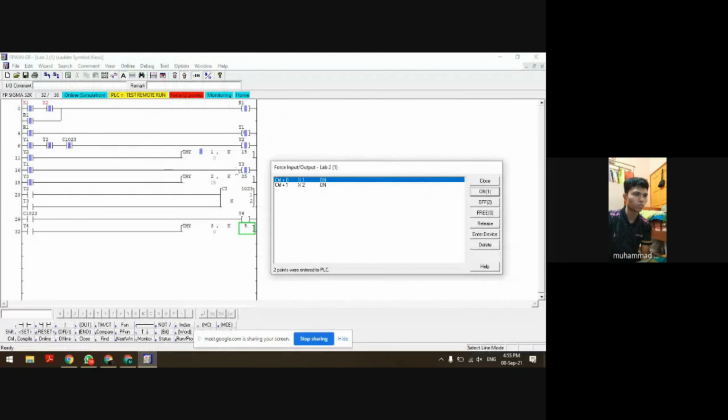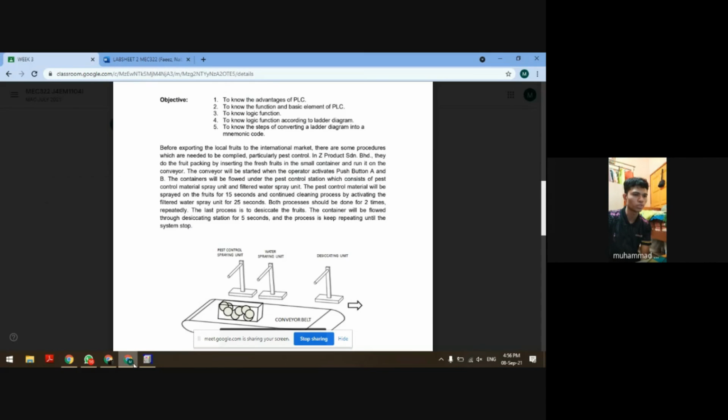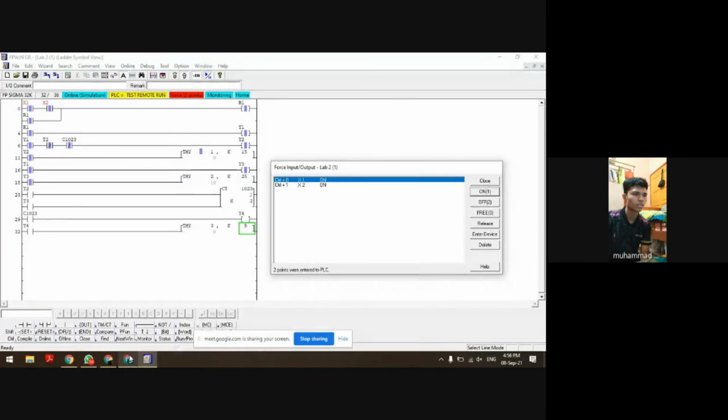After repeating the process, with timer 1 and timer 2, we move to Y4 for the desiccating unit, whose duration is 5 seconds.